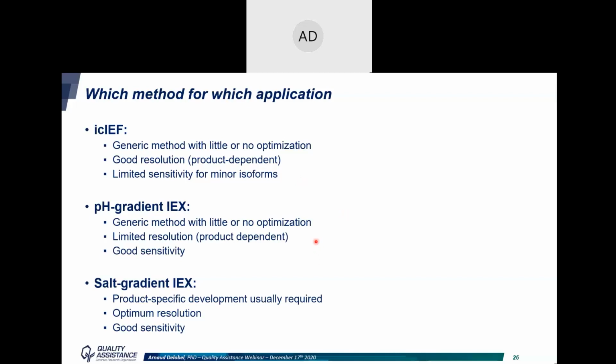You will have a limited resolution that may be product dependent, but you have a very good sensitivity. And finally, salt gradient is a mix of both methods. You will have to perform a product-specific development, but you get the optimum resolution and a good sensitivity. So depending on your application, on the stage of development of your product, you may want to choose either of these techniques.